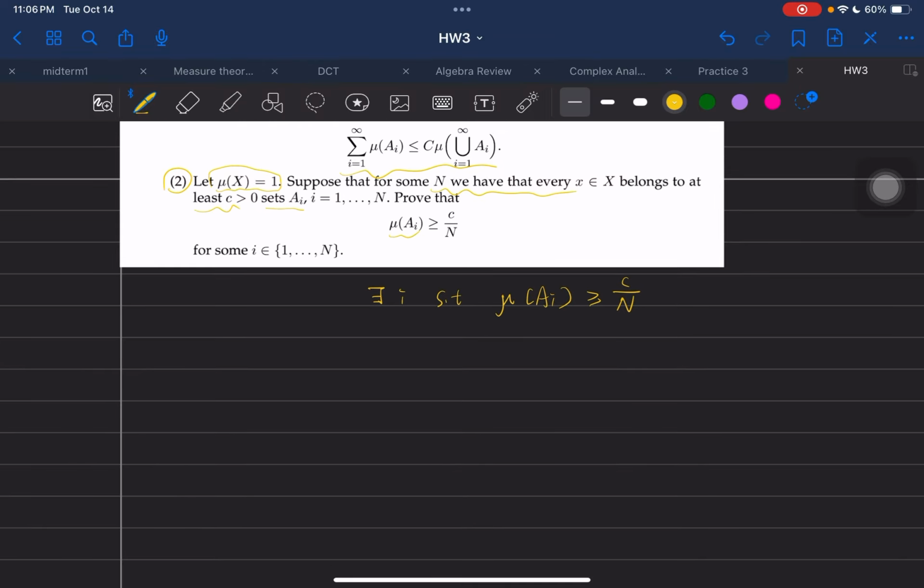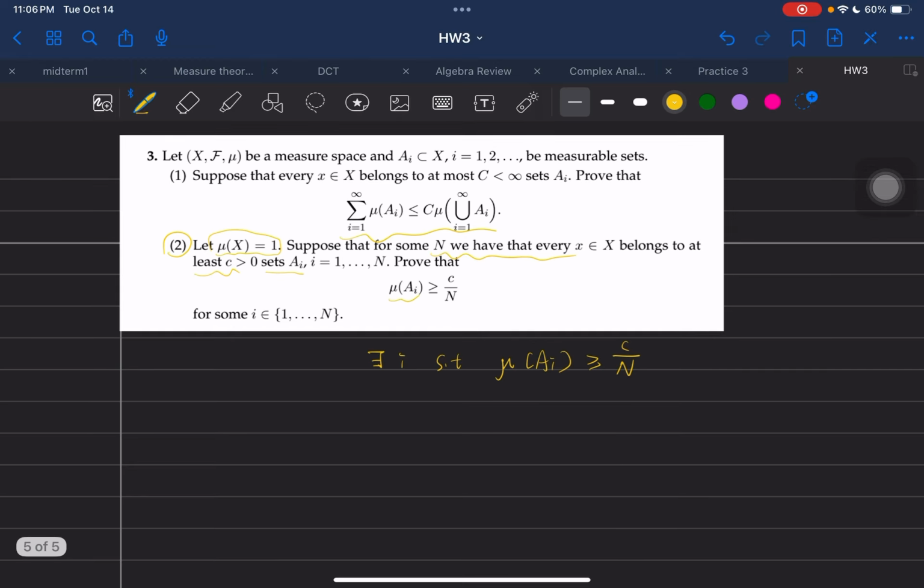So we're gonna do the same thing as we did in the first part. Essentially we're gonna invoke the counting measure again.